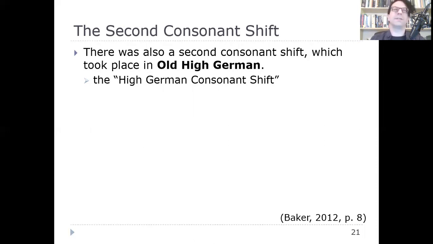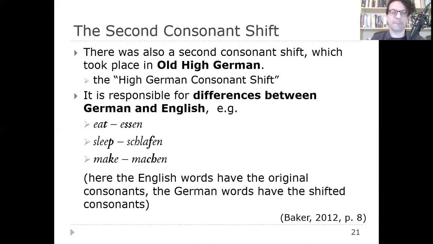Why the second? Because Grimm's law was the first Germanic consonant shift. And so there's a second one, and this one is only true for Old High German, which means that it produced different sounds, again in German, from what we would expect based on things like Grimm's law and Werner's law.